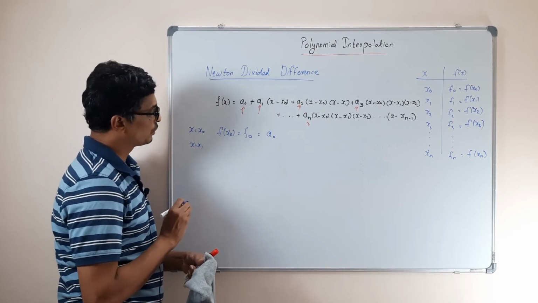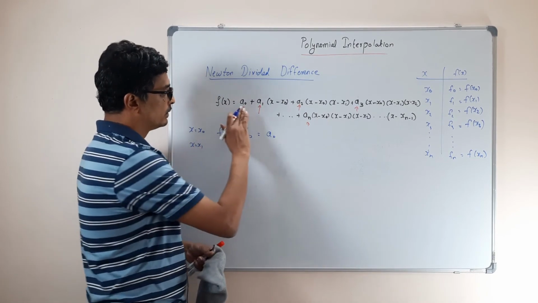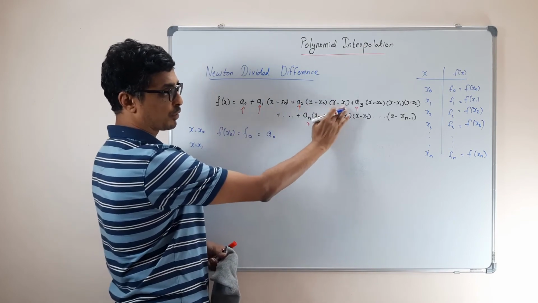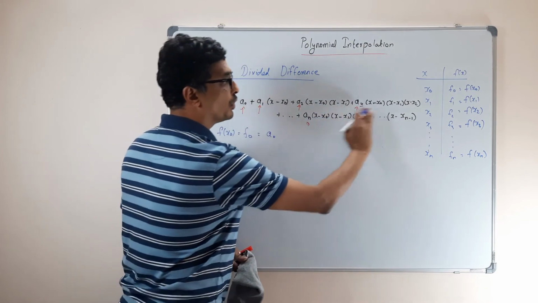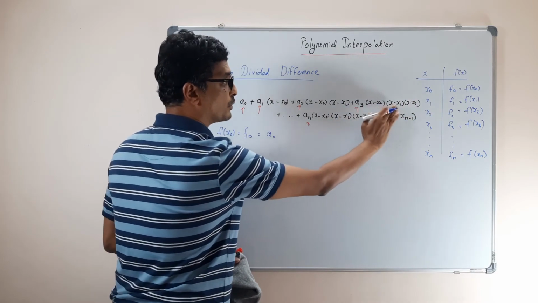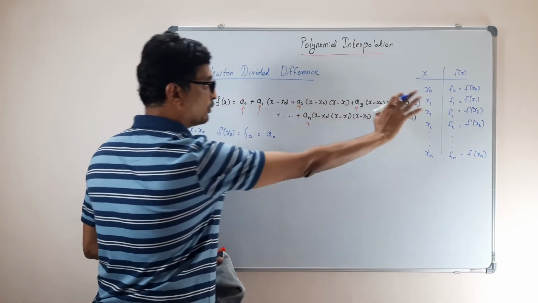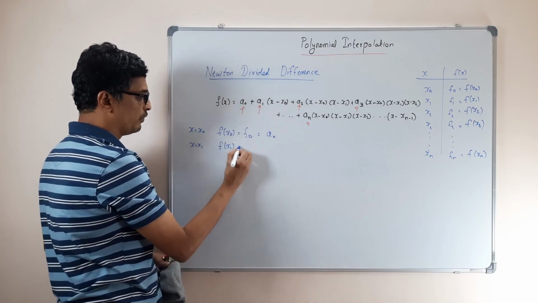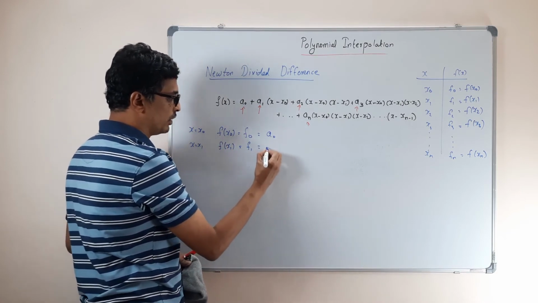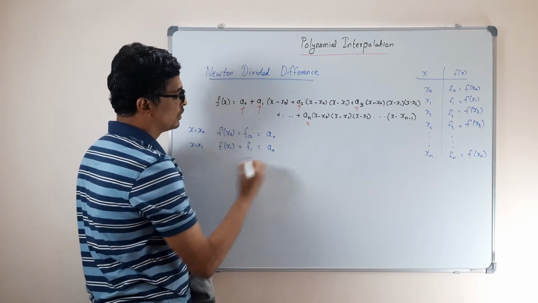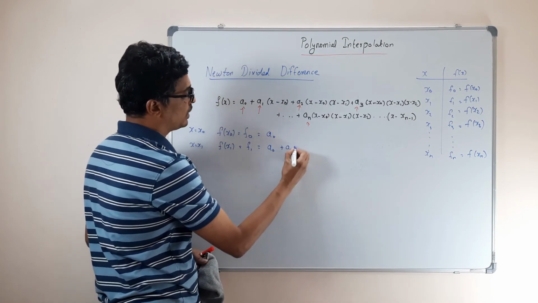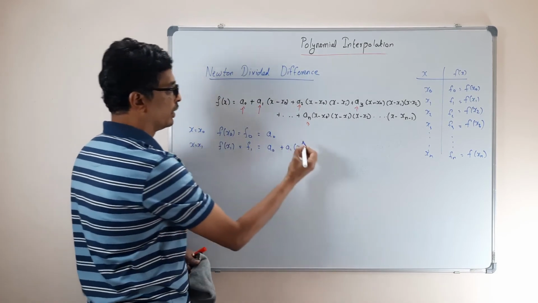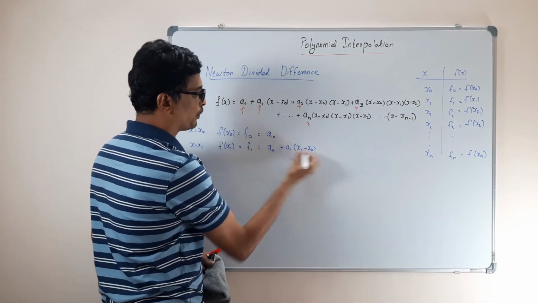Here the term with x minus x1 goes to 0, so all the later terms vanish. What you get is f of x1 equals a0 plus a1 times x1 minus x0.